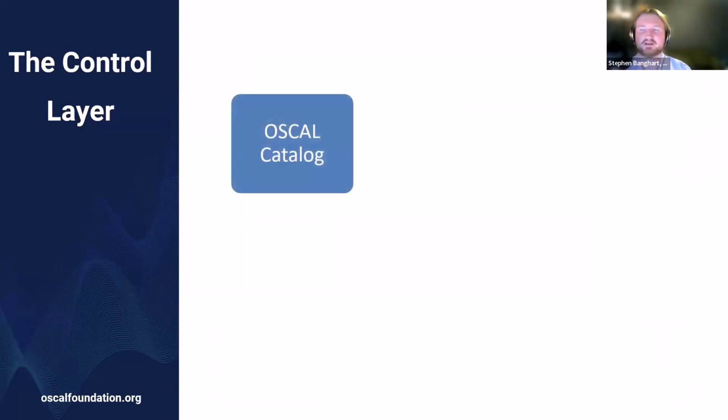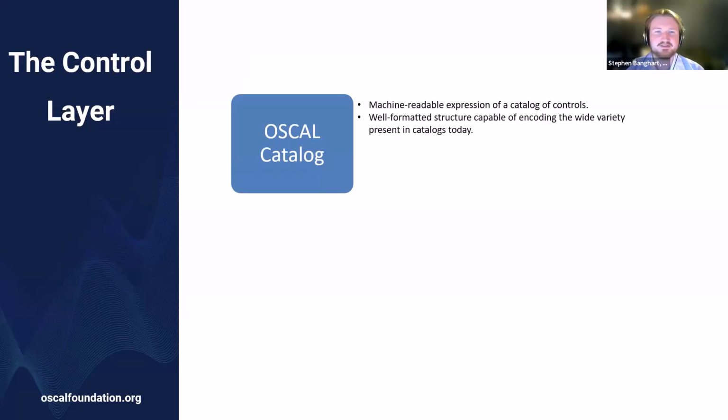Some details on these OSCAL models. An OSCAL catalog is a machine-readable expression of a catalog of controls. It contains a well-formatted, machine parsable structure that is specifically designed to be able to encode any of the information that is present in the wide variety of control catalogs out there today.